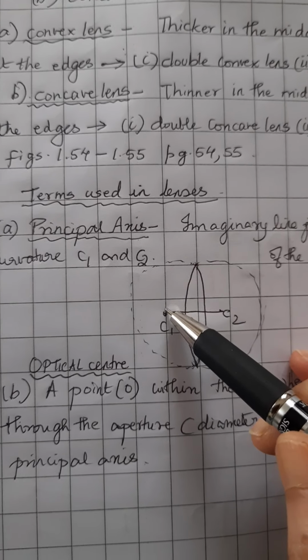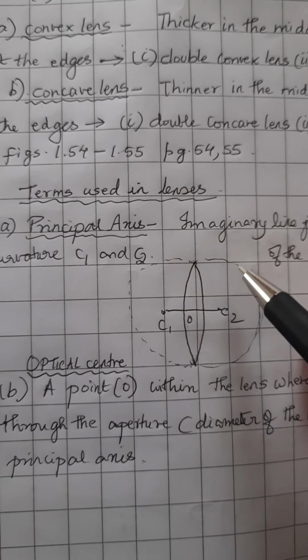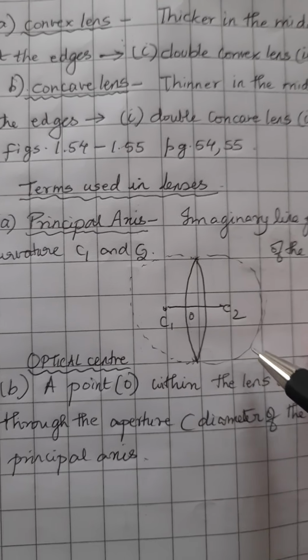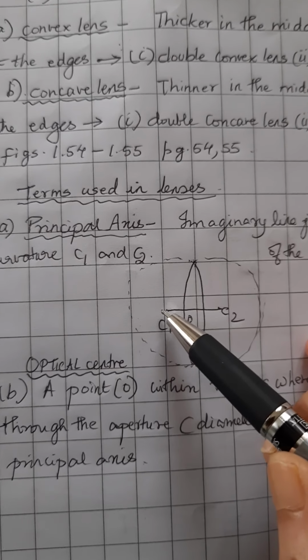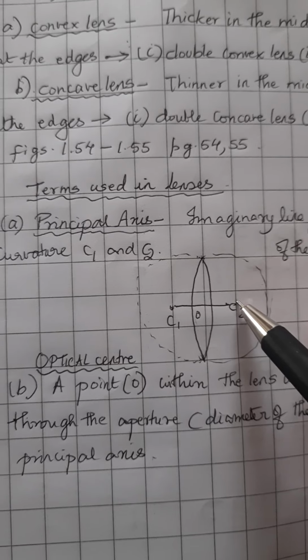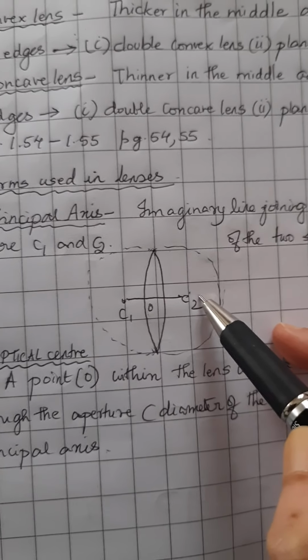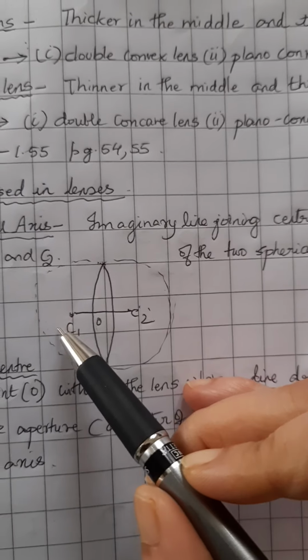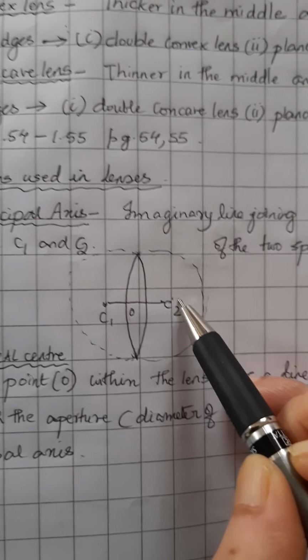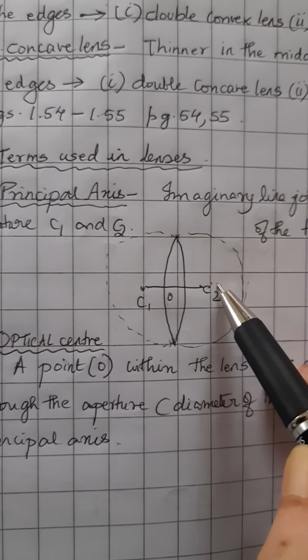This is the center of this sphere, and this is the center of this sphere. Then, if we have an imaginary line joining the two centers of curvature, C1 and C2, this imaginary line we call the principal axis.